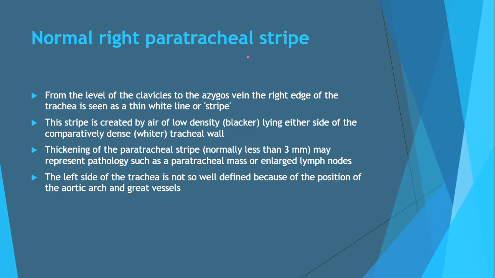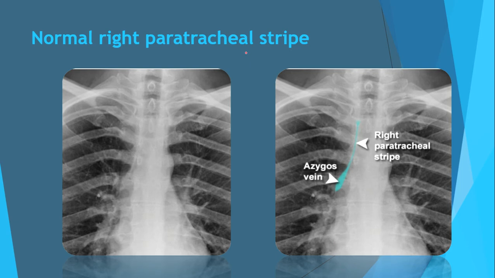Thickening of the paratracheal stripe, normally less than 3 mm, may represent pathology such as paratracheal mass or enlarged lymph nodes. The left side of the trachea is not so well defined because of the position of the aortic arch and great vessels. Here we see the azygous vein or the right paratracheal stripe.